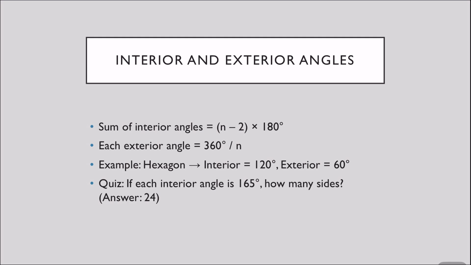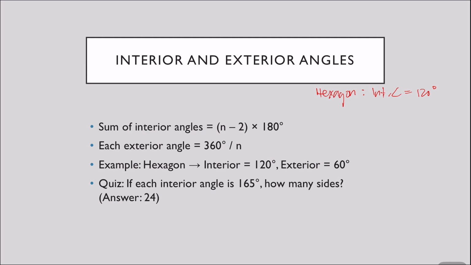So, all you have to do is divide 360 by the number of sides because it will always be a total of 360. But, to get the sum of your interior angles, you just follow the formula n minus 2 times 180. Remember, in your hexagon, your interior angle is 120 degrees.